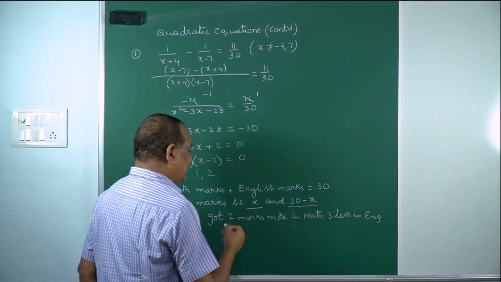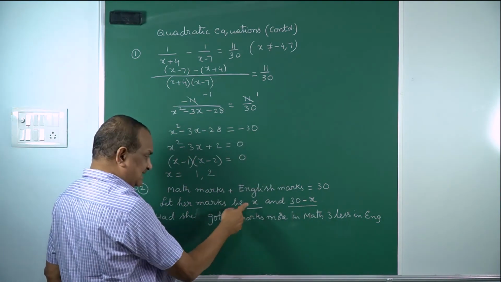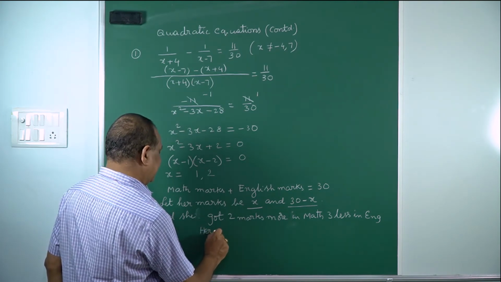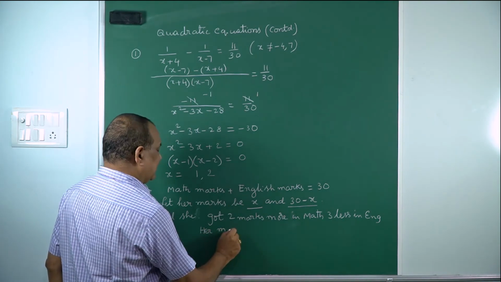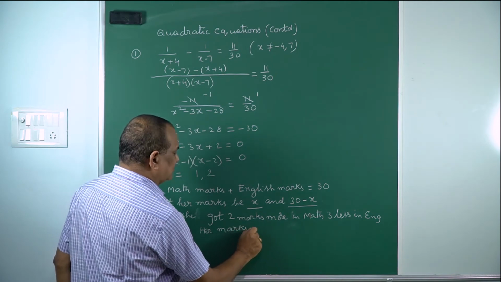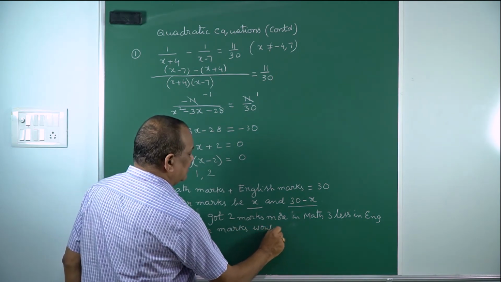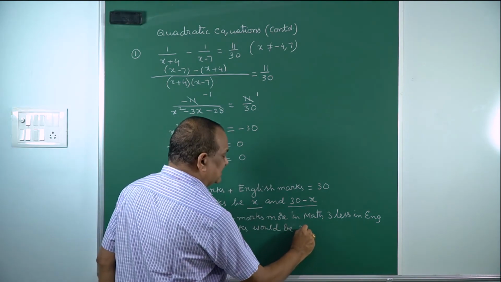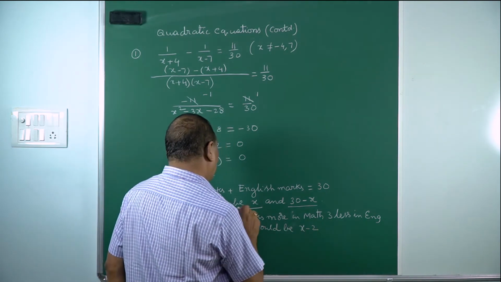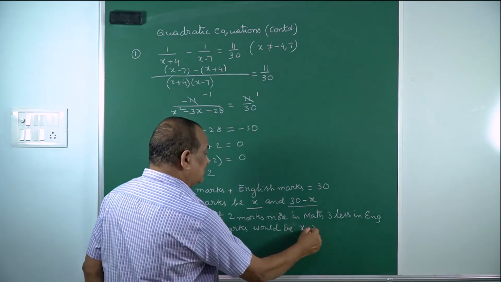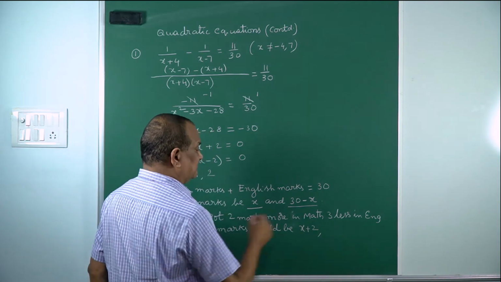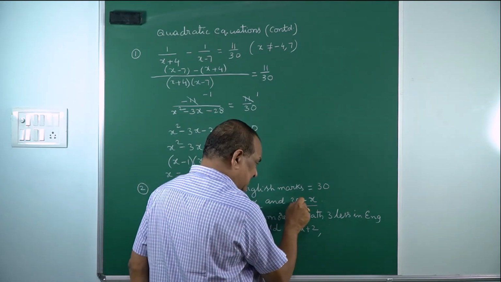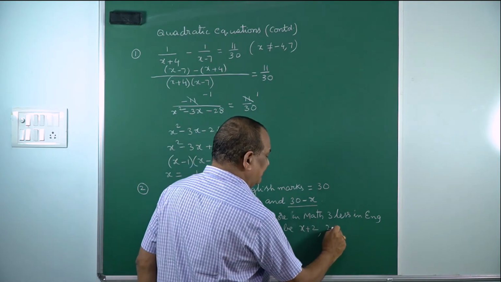Now let us find out her marks now, because this is a continuation of that. Her marks would be 2 marks more than x, so x plus 2 in mathematics, and 3 less than this one in English. Minus 3 from this one, like 27 minus x.